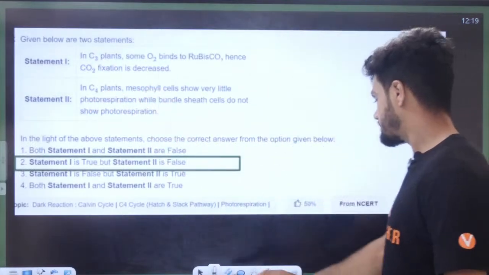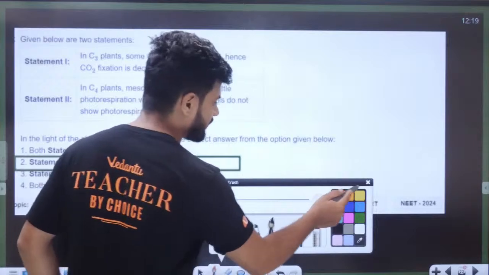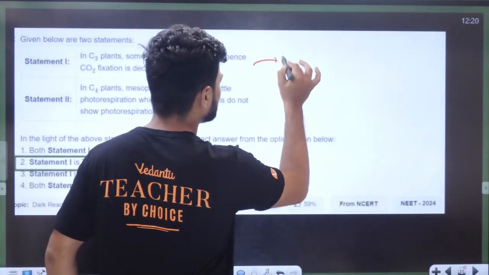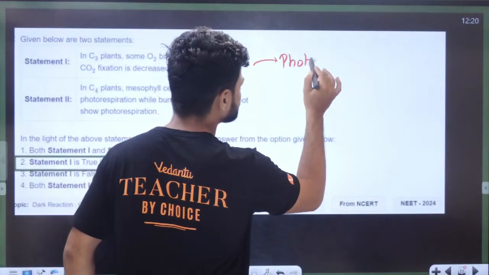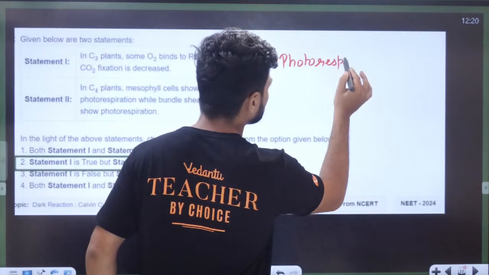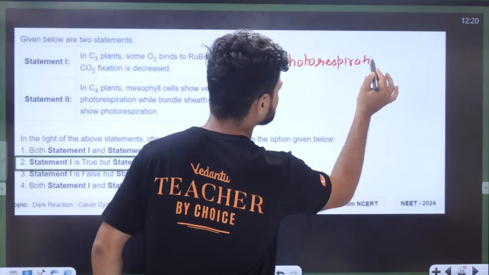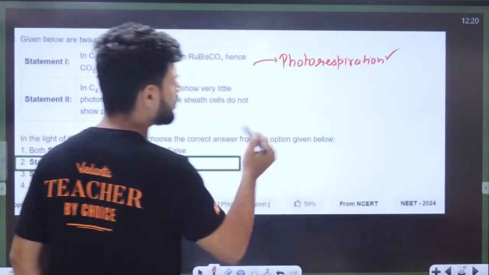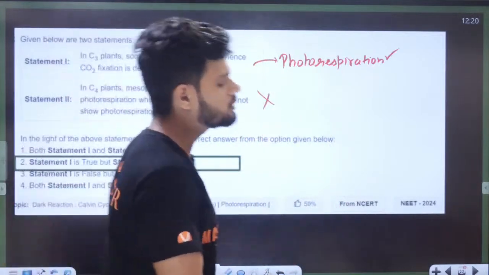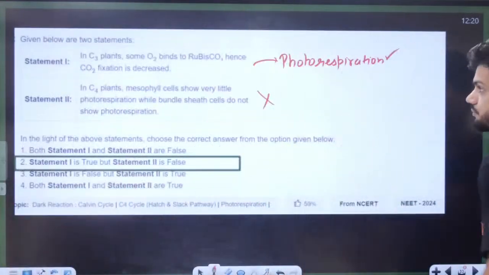In C3 plants we have photorespiration, but it is not happening in the case of C4. So 2 is the answer.